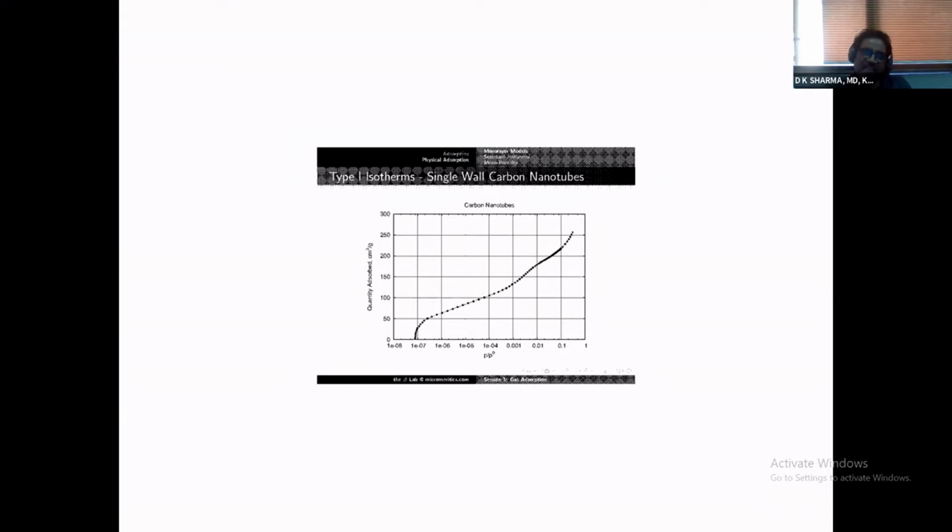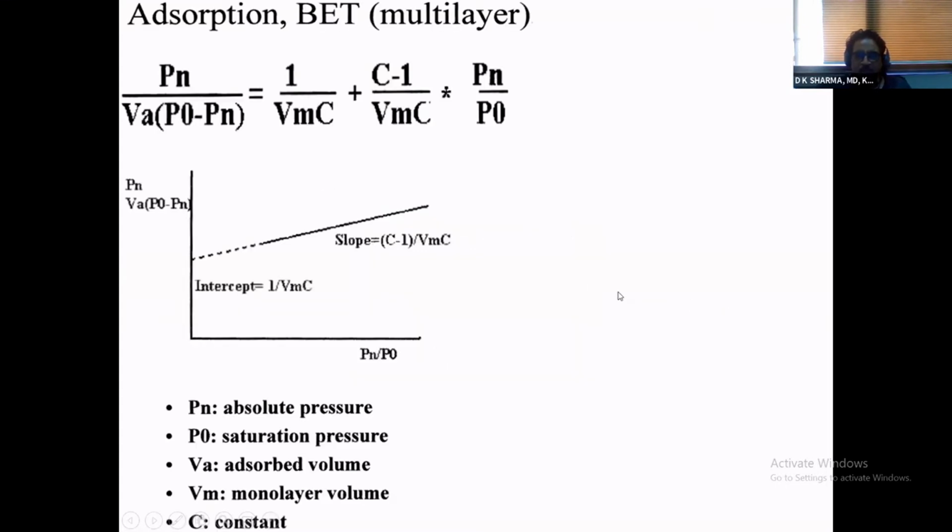Had it been instantaneous filling, you would see a steep rise like this at every place. It's a gradual filling of your micropores, and it is after studying this particular area of your isotherm that you will find out the micropore size distribution. This is an example of single wall carbon nanotube, so it's only a microporous sample.